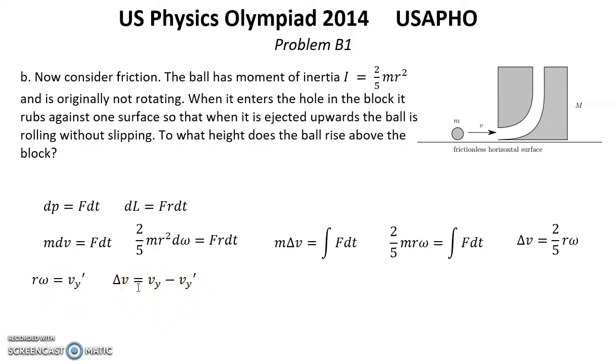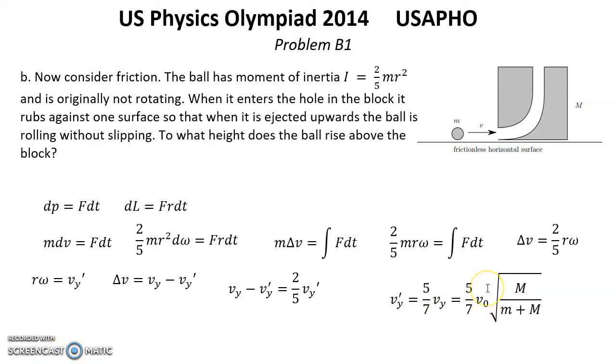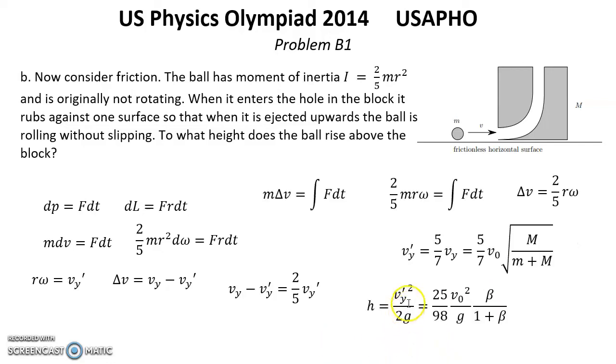Now we can put these expressions into our equation and find vy prime. So we have this equation to find vy prime, and vy prime equals 5 over 7 vy, which is this expression. And finally we can find the total height. Total height will be vy prime square over 2g, or using this answer, that will be the answer for question B.